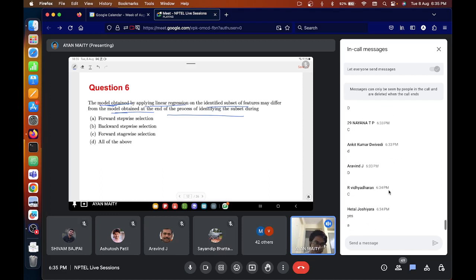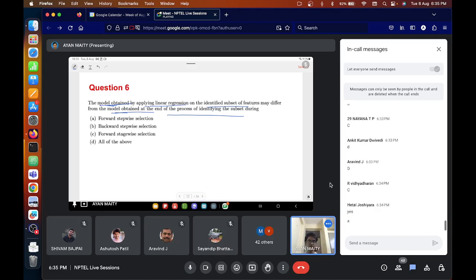Some of you are saying C, some of you are saying D. One correct answer is A here given. Okay, any other answers in the chat?